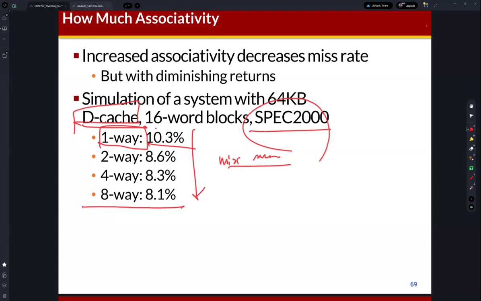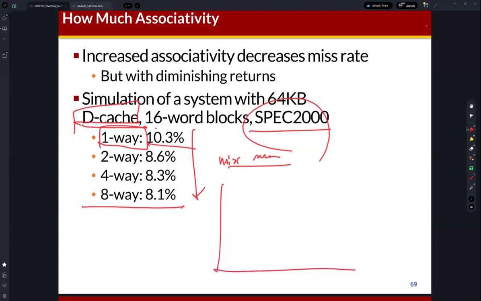So if we increase the associativity of a cache, then we can observe that the miss rate decreases. So then you can think that, oh, then we can use the fully associative cache, right?